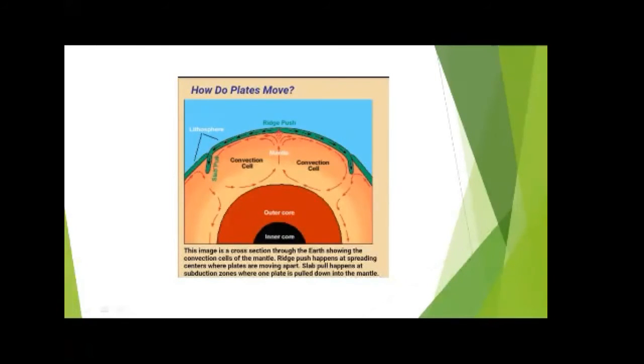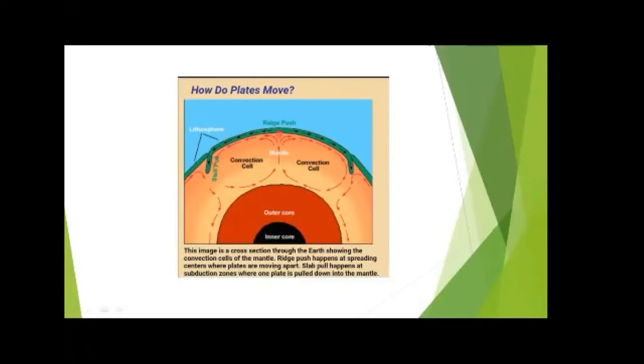The ridge push happens at the spreading center where plates are moving apart, and slab pull happens at the subduction zone where one plate is moved down into the mantle. Okay, so this is how the plates move. This is a clear picture of the movements.